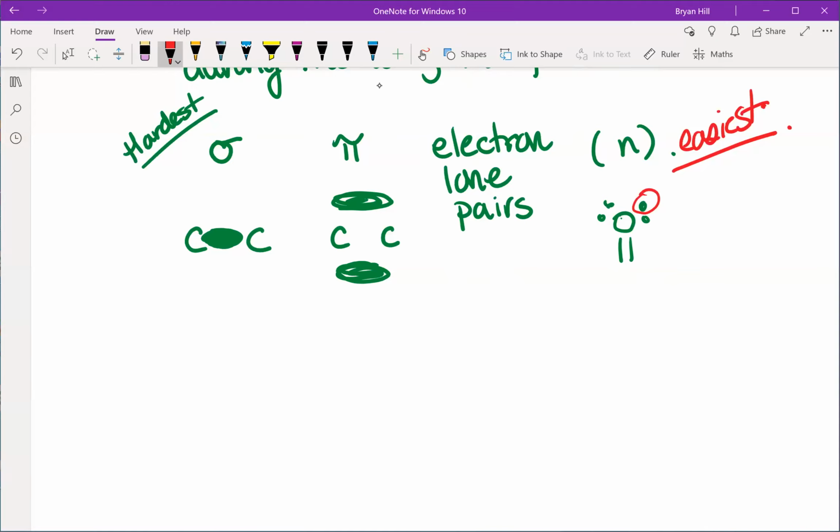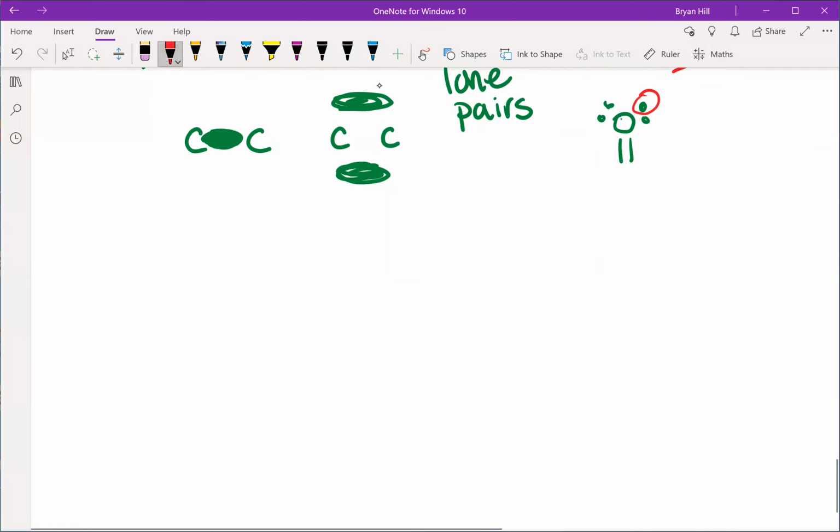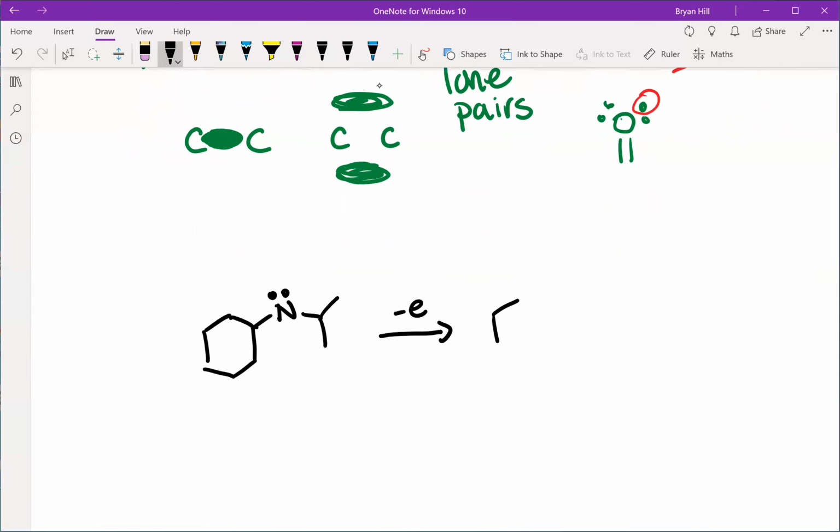So if we had something like, I don't know, let's draw an amine here. If this was to get ionized, so minus an electron, the reasonable assumption would be that you would end up removing one of the lone pair electrons to generate something like this.